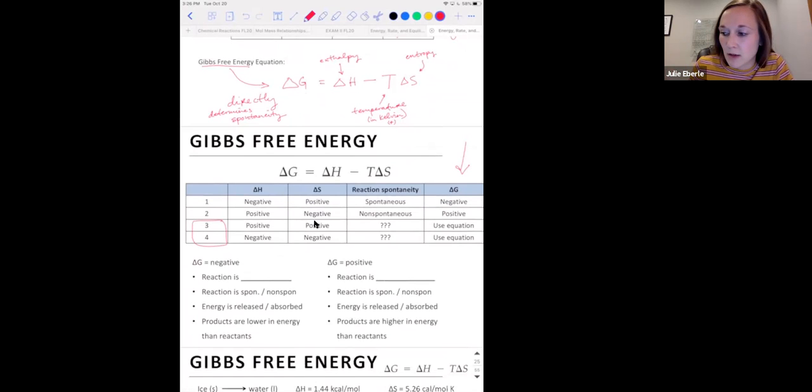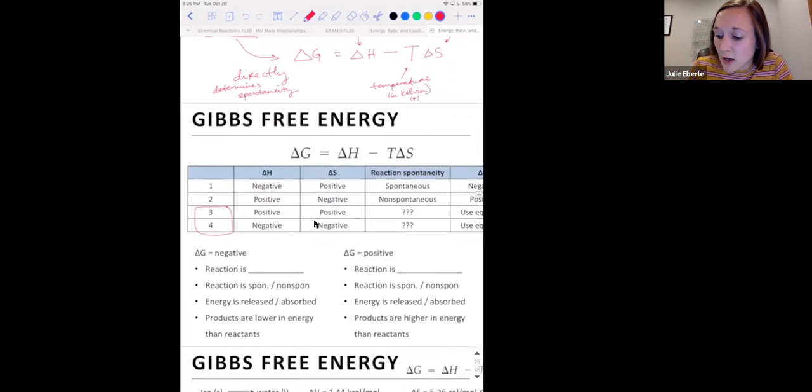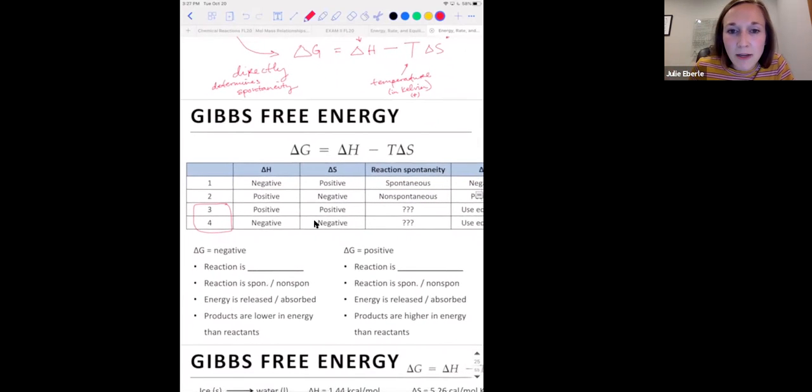Okay. So I want to introduce just a couple things about a negative and positive delta G before we move on. Why do they directly tell us any information? Well, first off, we have names, kind of like endothermic and exothermic that were associated with the sign of delta H. If you have a negative delta G, this is called exergonic. A reaction with a negative delta G is known as an exergonic reaction, and a reaction with a positive delta G is endergonic.